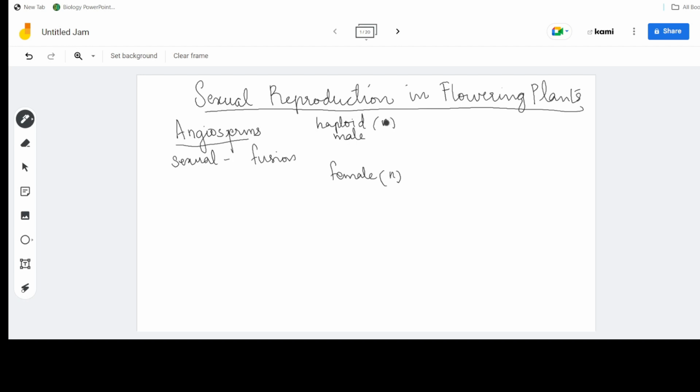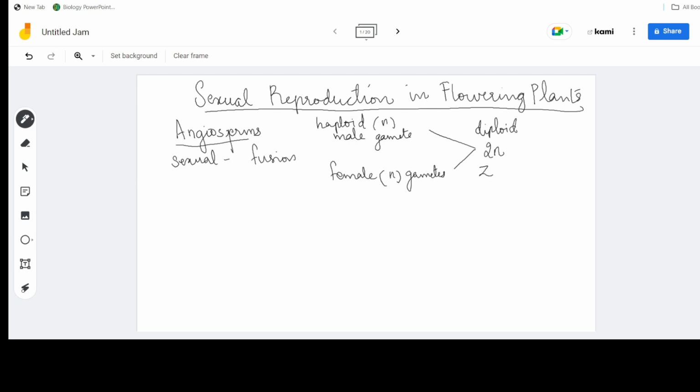So a gamete with n number of chromosomes fuses with another gamete with again n number of chromosomes, so n plus n, it is a diploid one. So it results in the formation of a diploid. Diploid means 2n, so it has two sets of chromosomes.